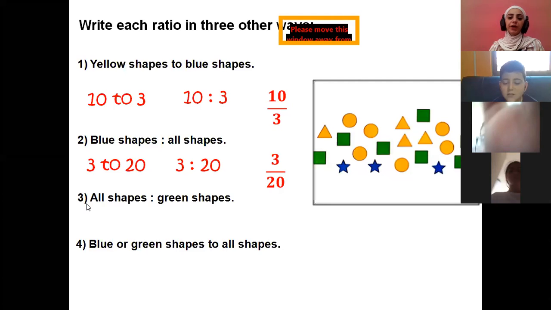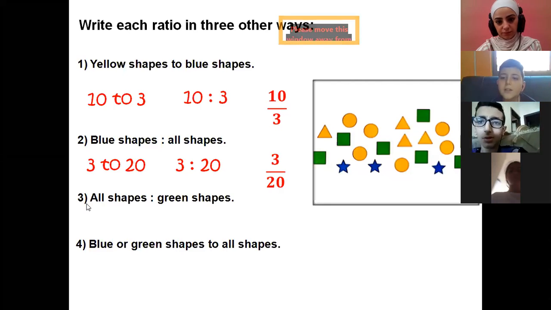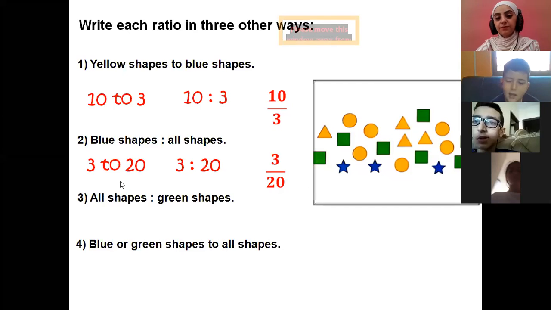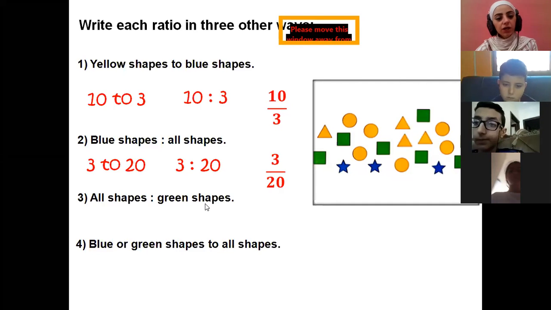Yalla. Question 3. All shapes to green. The green shapes. Okay. 1, 2, 3, 4, 5, 6, 7, 8, 9, 10, 11, 12, 13. 13. Not all the shapes, the green shapes. 7. Yes. 20 to 7.